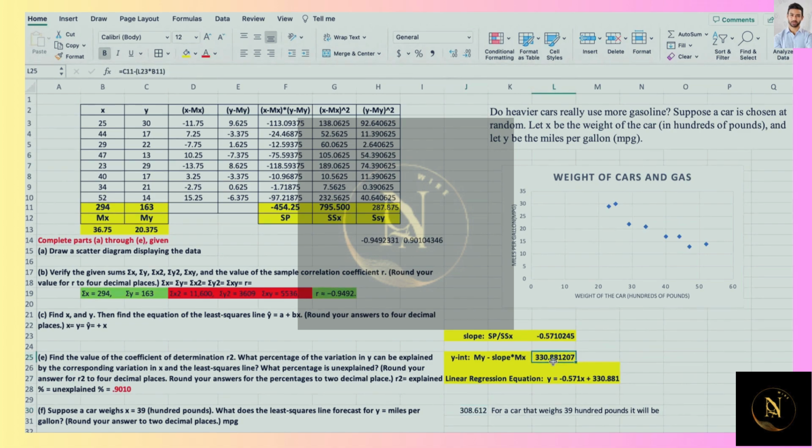Oh, okay, I know why. The y-intercept equals the mean of Y minus the slope times the mean of X. That's why I like to merge this. I knew something was up.